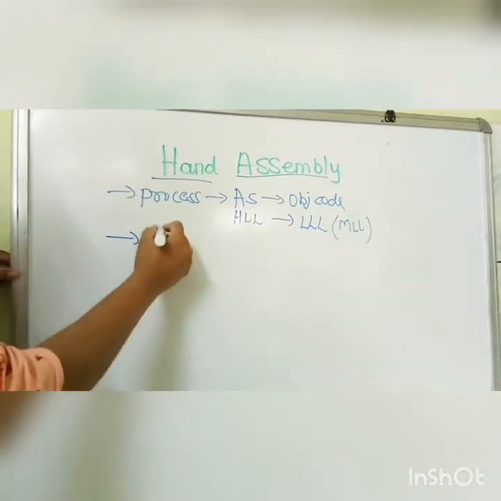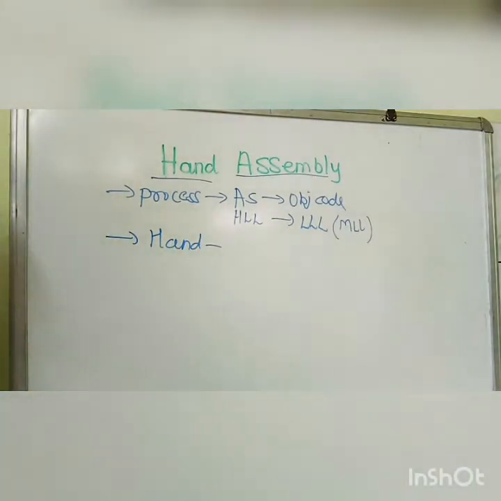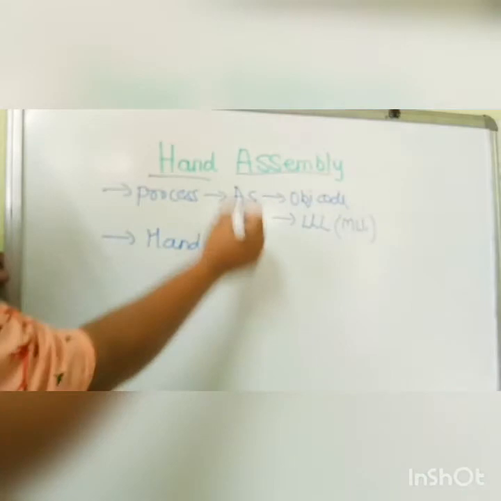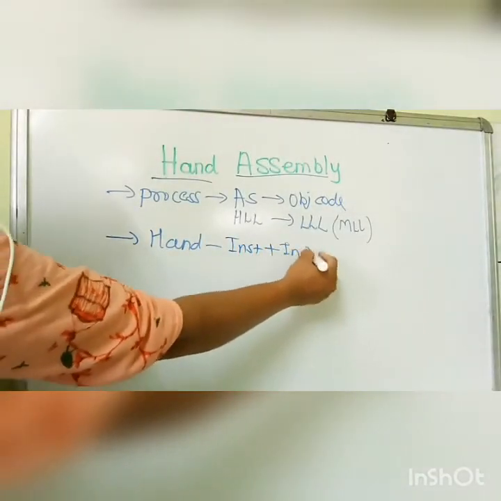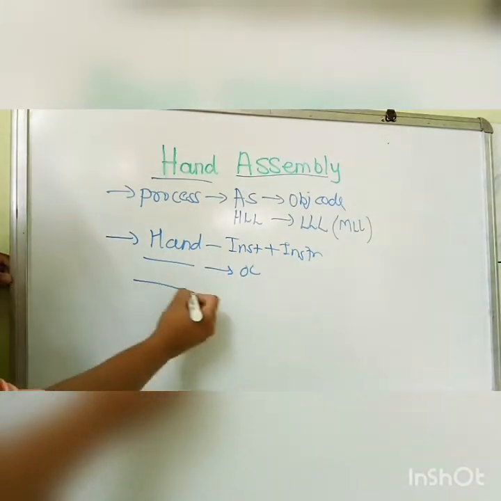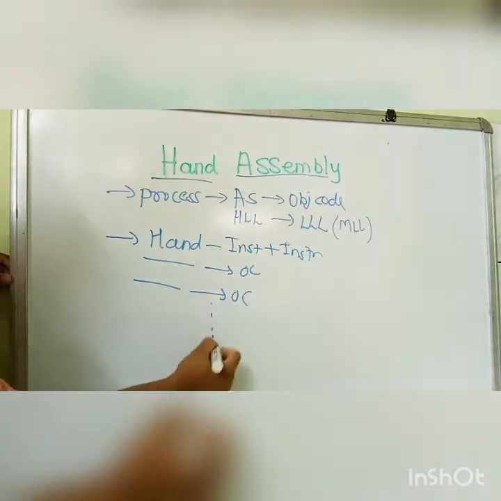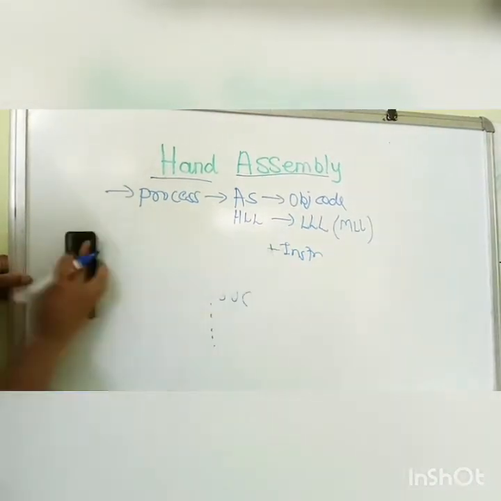By hand we are converting these instructions to object code, instruction by instruction. Means we are picking one instruction, convert it into object code, then the next instruction into object code, and so on, till the process stops.